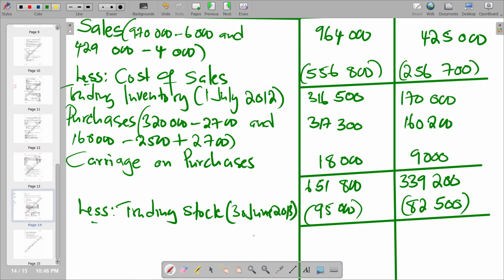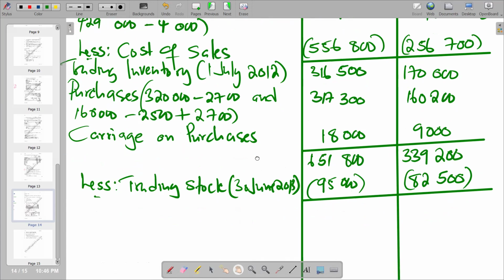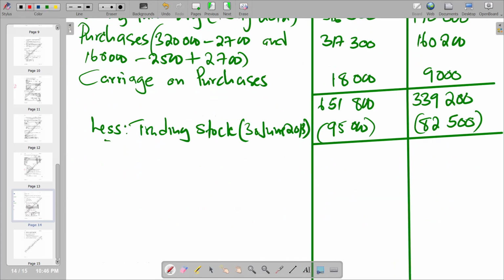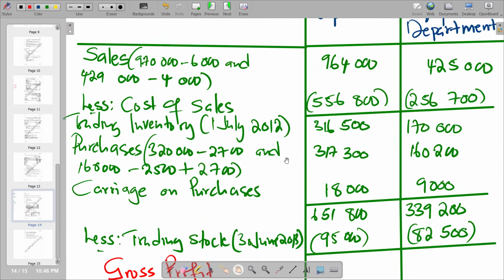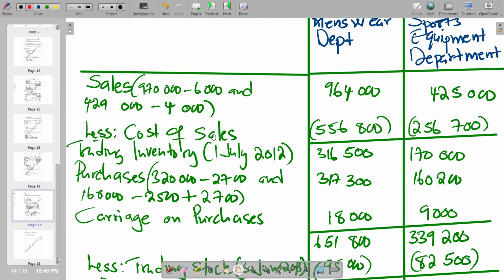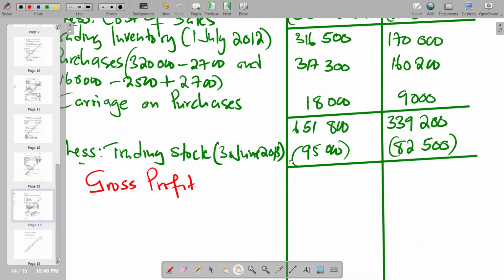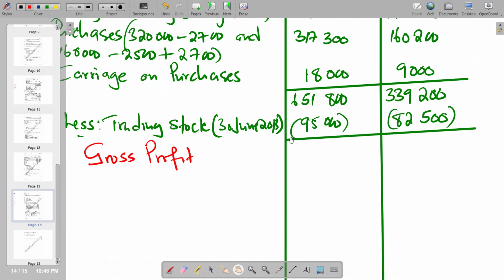With that, we can now calculate our gross profit. Remember our gross profit, for the first column, we are saying sales minus cost of sales, then we get our gross profit. So our sales, 964,000 minus 556,800. You're going to get your gross profit as 407,200.